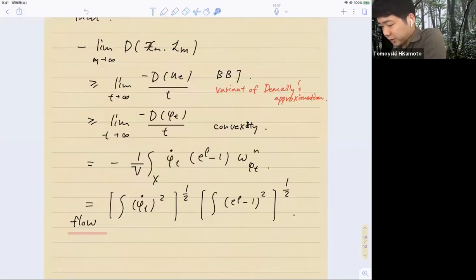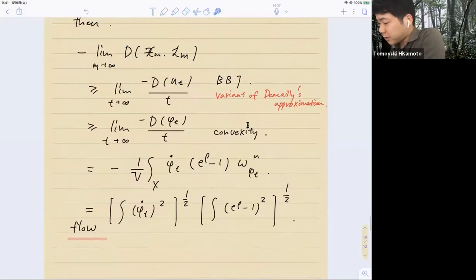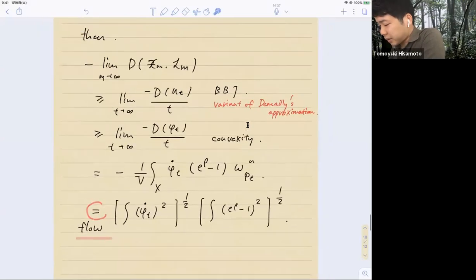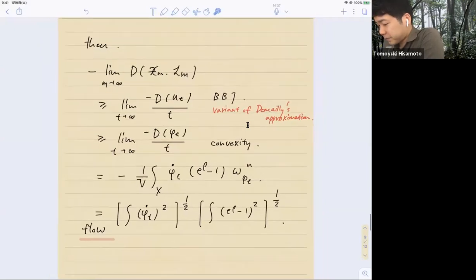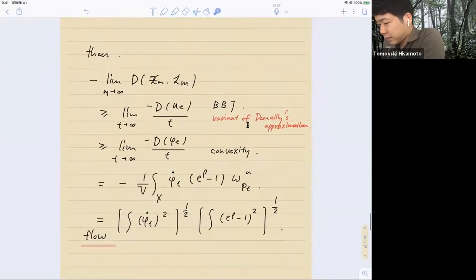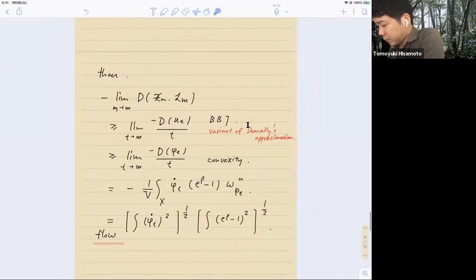So in general, this is only an inequality of Cauchy-Schwarz, but since we take the gradient flow of the Calabi functional, we have the desired inequality here. So minus D of the sequence of test configurations is bigger than, not less than, the Calabi functional. That's the story of the proof.